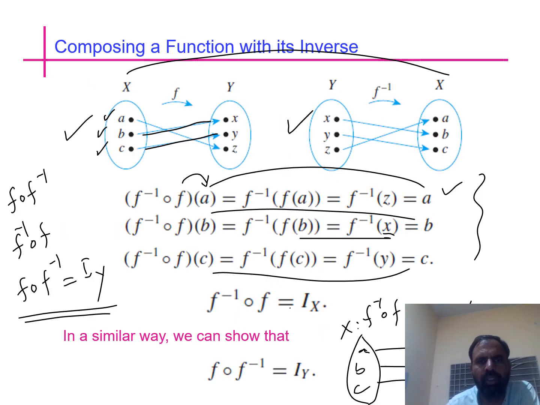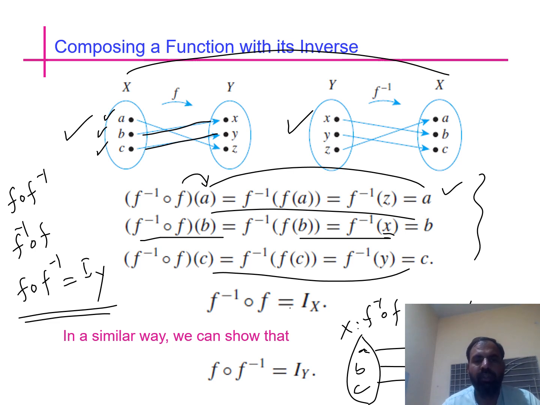Now the composition of f inverse, as in the diagrams shown in the previous slide. So f inverse circle f of a is equal to f inverse of f of a. Here we put the value of f of a, which is z, so f inverse of z becomes a. Similarly, f inverse of f of b is equal to f inverse of x, which is b.